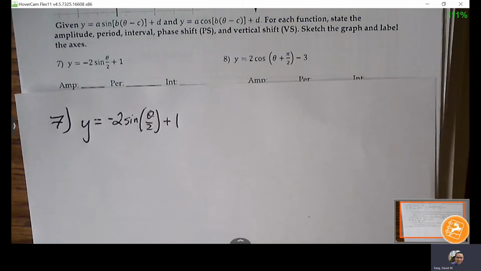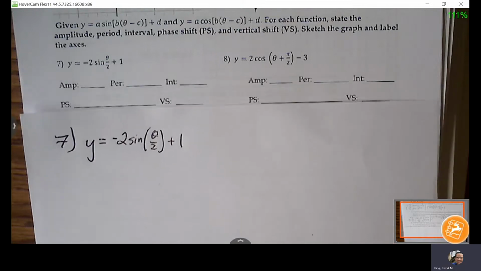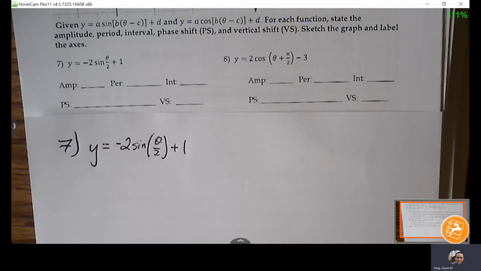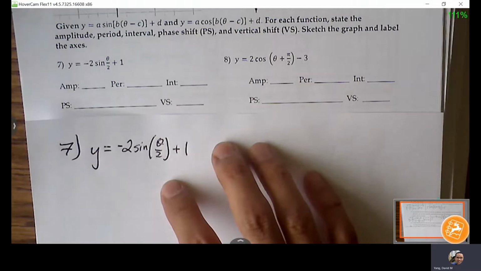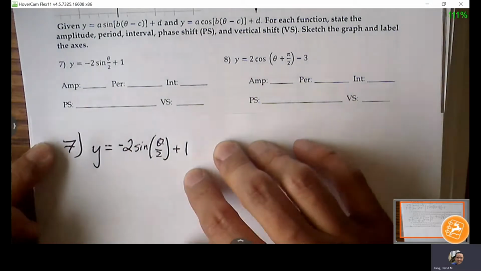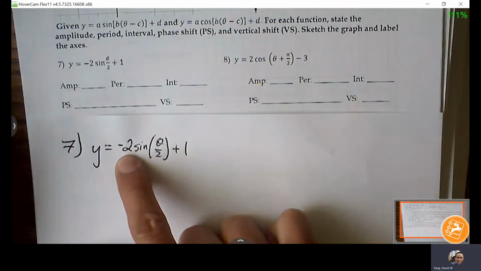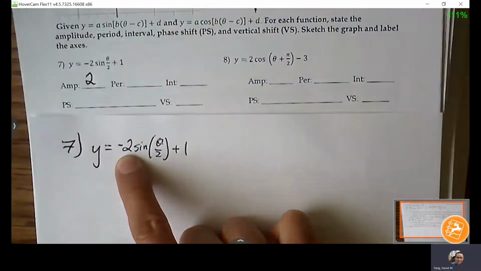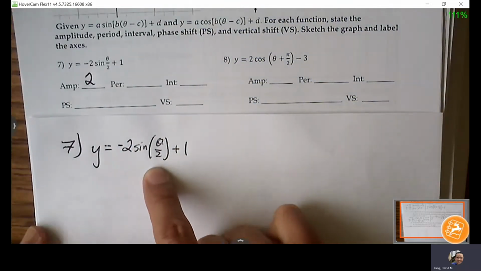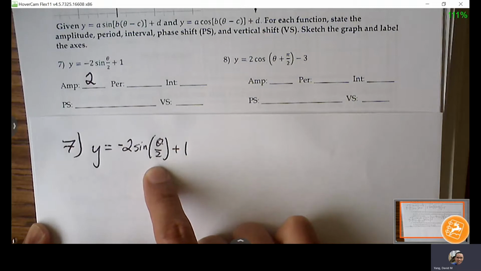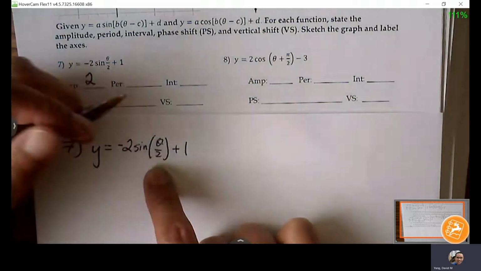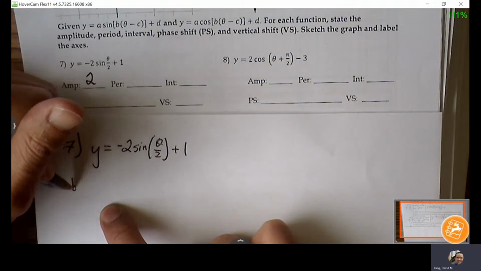Okay, so we're asked to find the amplitude, the period, interval, phase shift, and vertical stretch. Okay, so let's fill out information that we do know. Our amplitude is 2. To find our period, we first have to find our B value. What's our b value for number 7? B is 1/2, yeah.